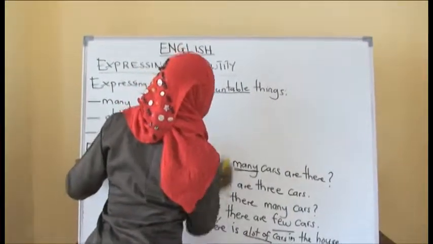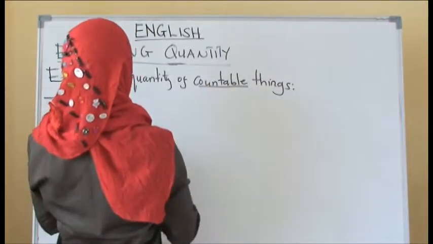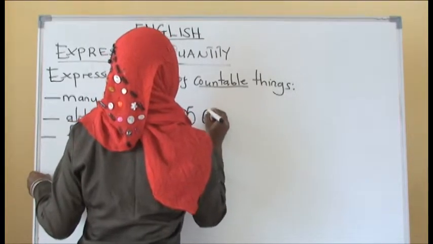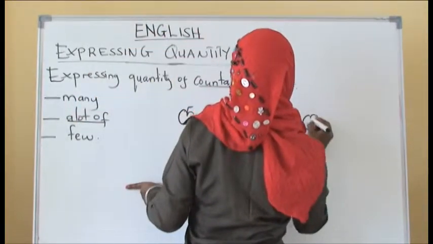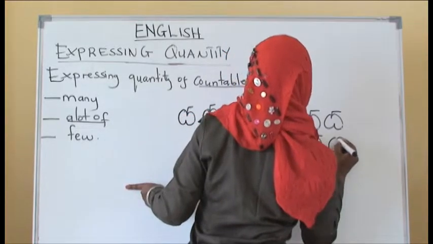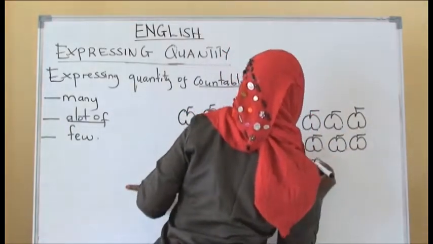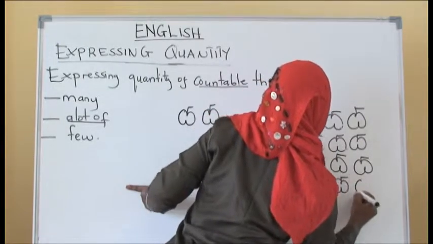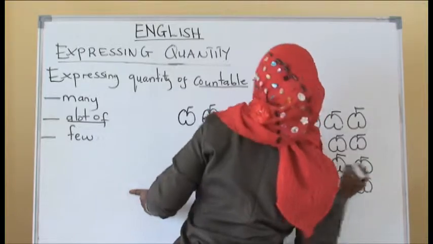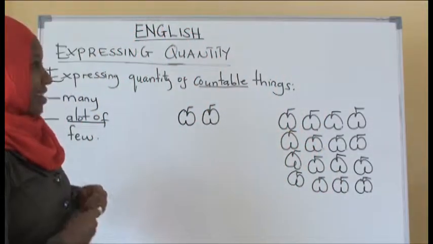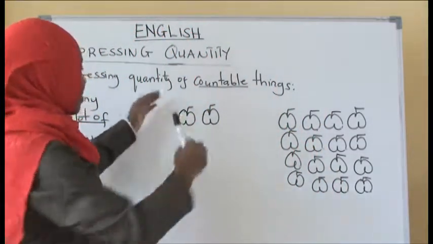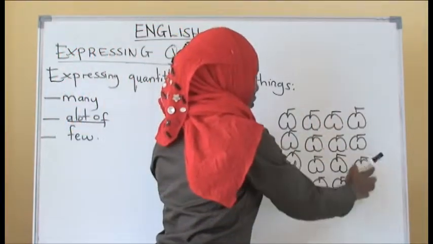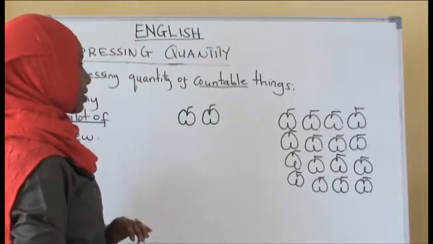Check another example here. These are our apples. In the first side here, we have 2 apples. In the other side here, we have very many apples.